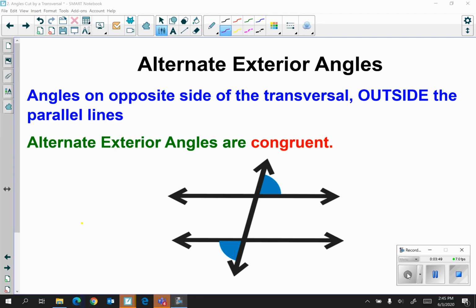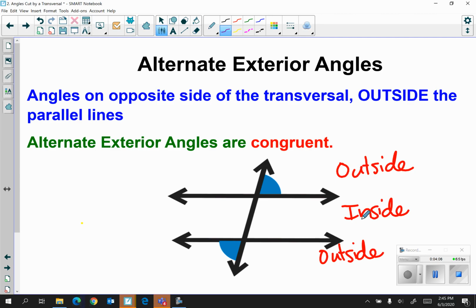Next, we have alternate exterior angles. These are angles on the opposite side of the transversal, outside the parallel lines. So again, let's label. We have outside, inside, outside. And they have to be on opposite sides of the transversal. Remember, this is your transversal, so they're on opposite sides. And they are congruent.